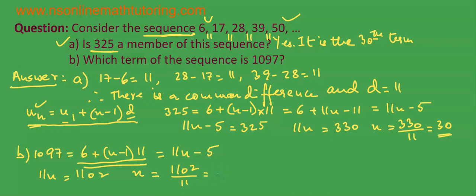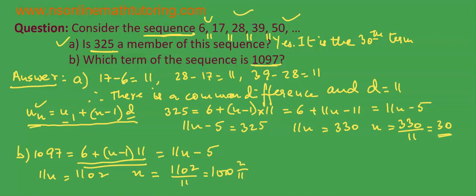So, what can I write? It is 100 and 2 over 11, because we are having a remainder of 2. Therefore, we see that n is having a fractional value, which is not possible, indicating that 1097 is not a term of the sequence. Okay?